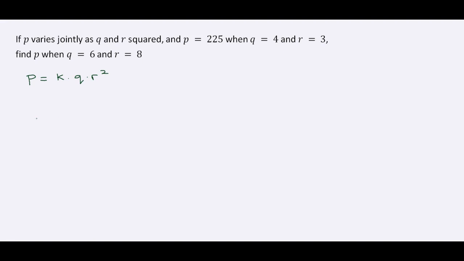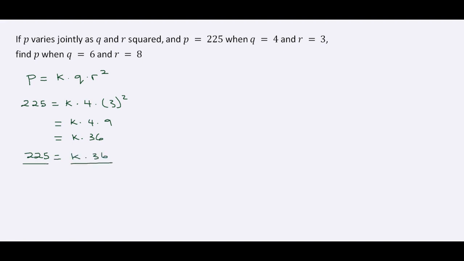So what we're going to do next is we have a situation p is 225 is equal to k multiplied by q is 4, and then we have 3 squared. So this is going to be k times 4 times 9, which is k times 36. So 225 is equal to k times 36.